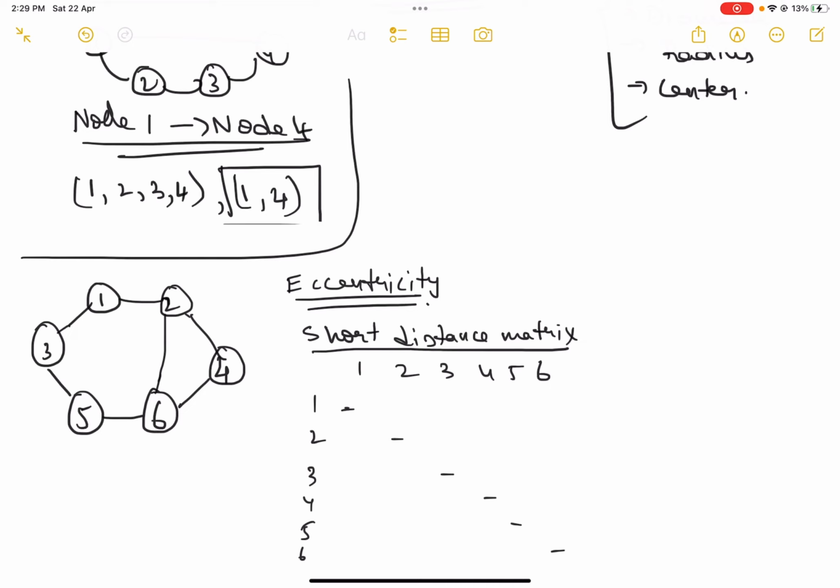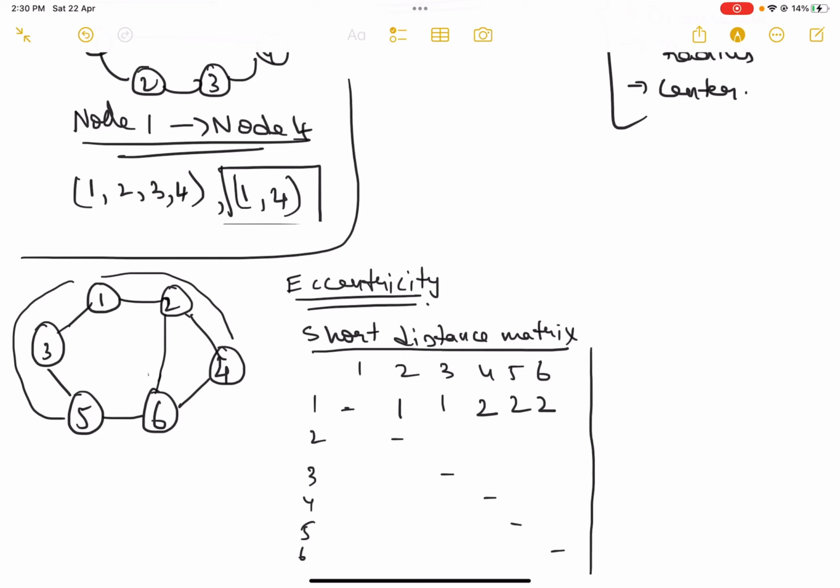It is 1. 1 to 3 is also 1. 1 to 4, the shortest path is 2. 1 to 5 is again 2. 1 to 6 is also 2.